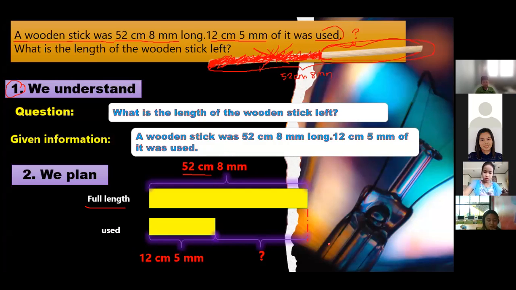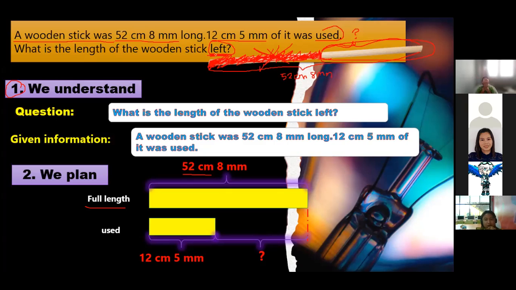So what is the operation that we will use? The key word here is left. What operation will we use? Minus, plus, times, or divide? The keyword here is minus.